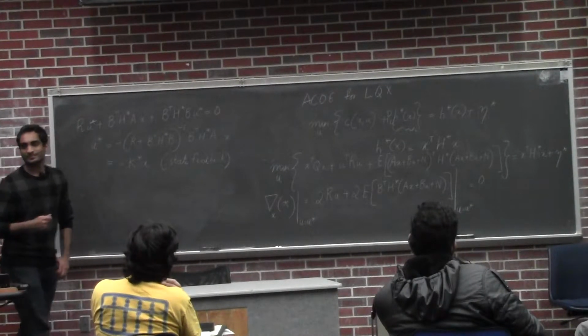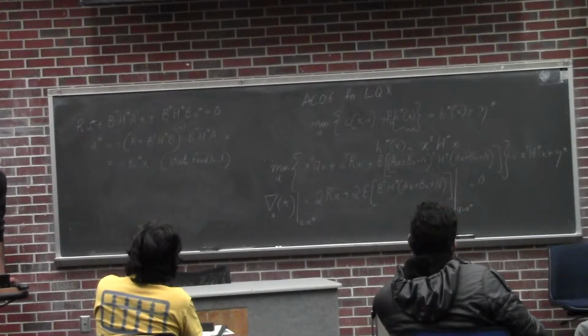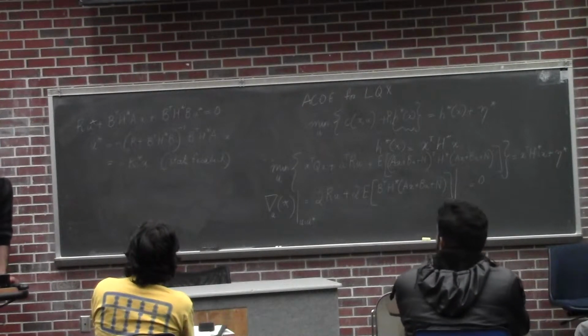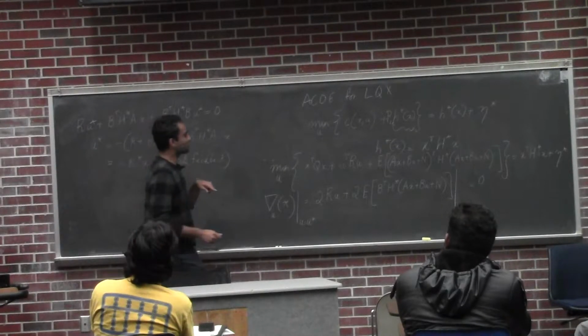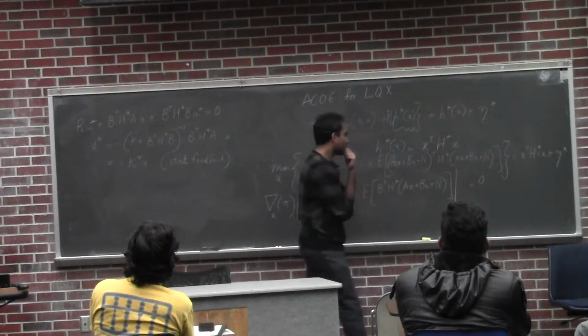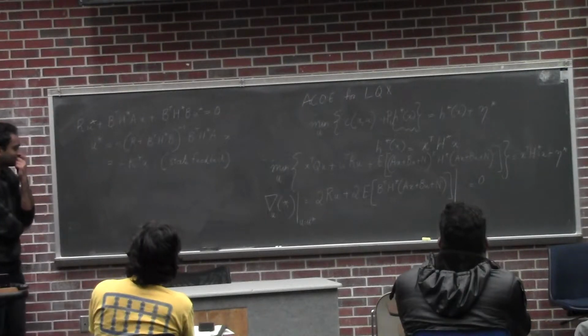But if it was not zero mean, what would it mean? If it was not zero mean, I might have to think about it. You would have H star times whatever the mean of n.